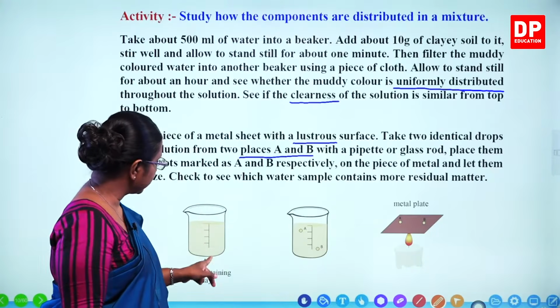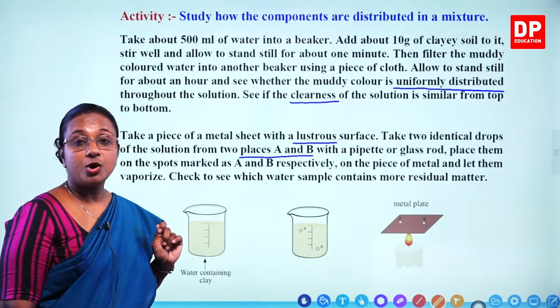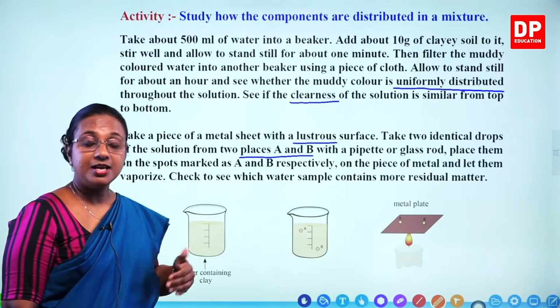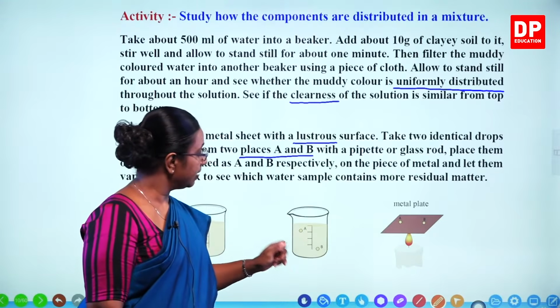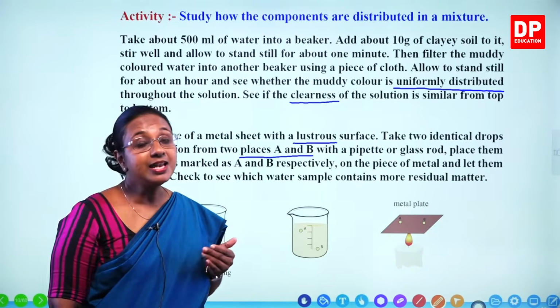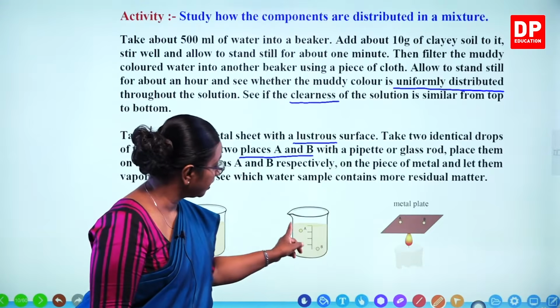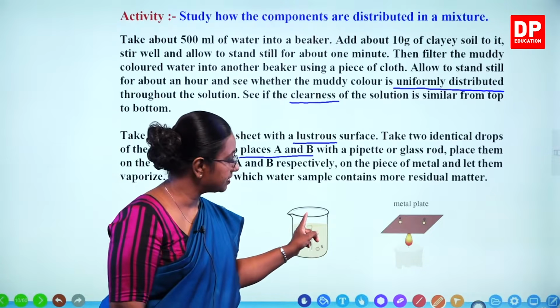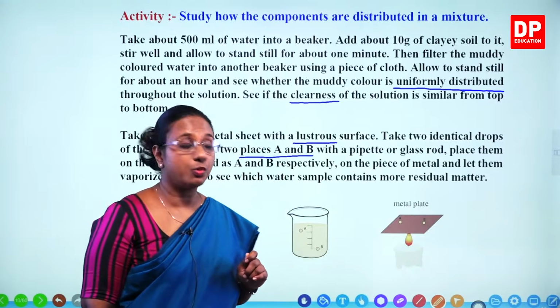So here, as I said, initially we mix the water and allow it to stand, then we filter the solution, that is the second one. We get the filtered solution, again allow it to stand for about an hour, and after that take 2 drops from different positions. We place it here and vaporize the water.